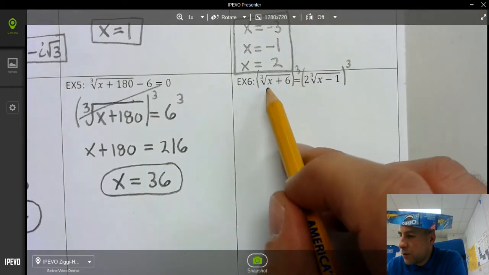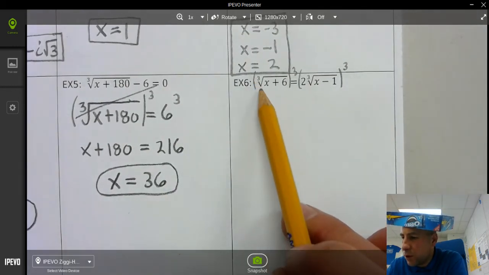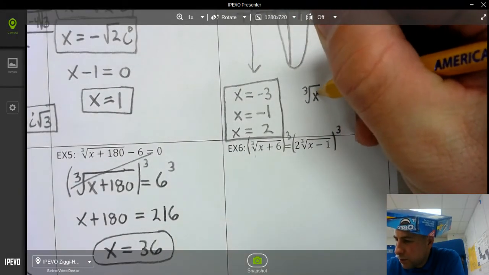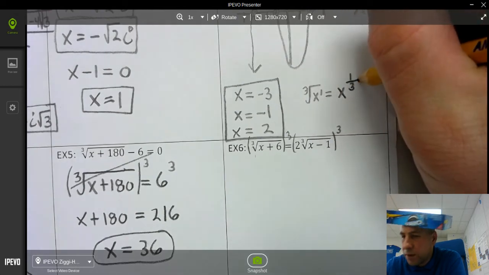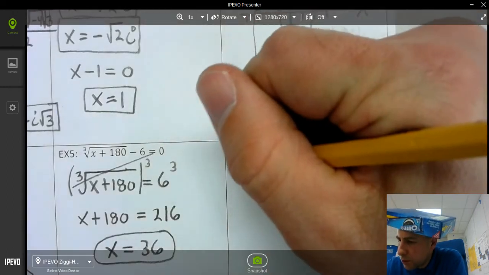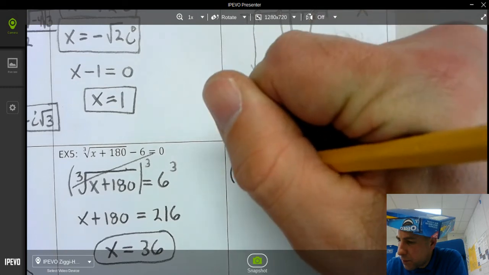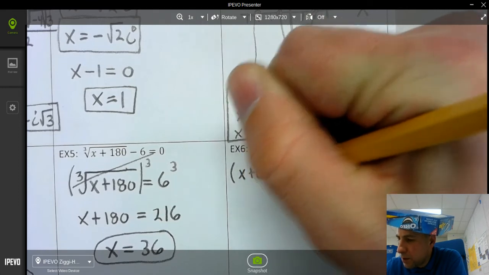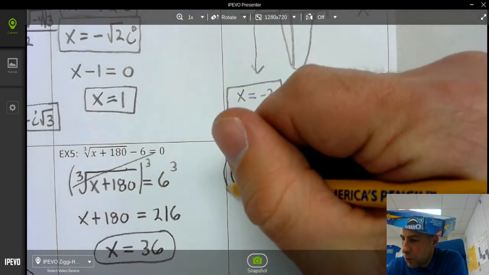And I think it's important to note that I'm going to convert the cube root of x, because remember, the cube root of x is technically x to the 1/3 power. Okay? So I'm going to rewrite this. So technically, this is actually x plus 6 to the 1/3, but we're cubing it.